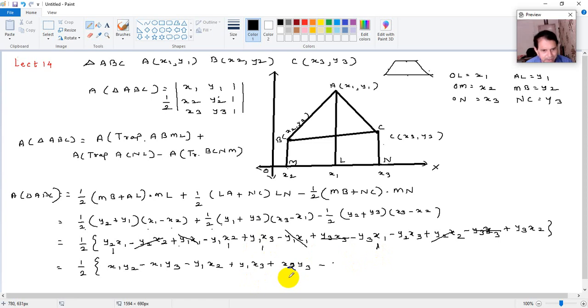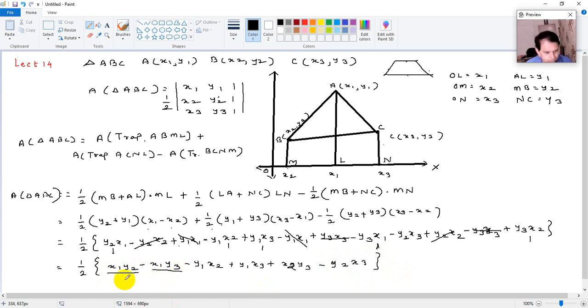Where is that term? x2 y3. This is here. So that is taken. And now one term only remains, which is minus y2 x3. Right? Now if you simplify this, you will come to know that this is nothing but determinant. Because why? See now, this term is x1 y2 and this is x1 y3.